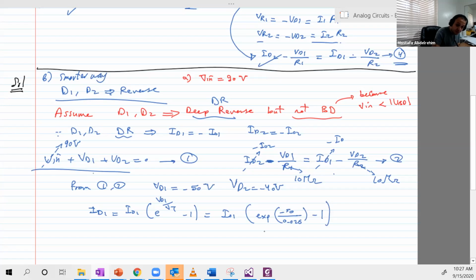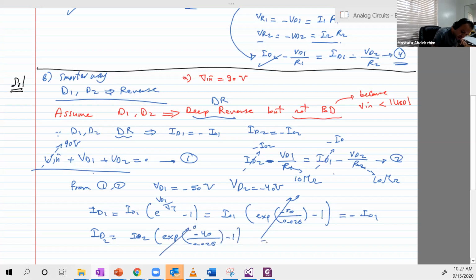If you do that on a calculator, the exponential will be 0. So this is minus I01. And you can do the same for ID2, equal to I02 times exponential of minus 40, which is VD2, over 26 millivolts, minus 1. Again, this exponential is 0, so this will be minus I02. So we are on the right way, and this is the correct assumption.